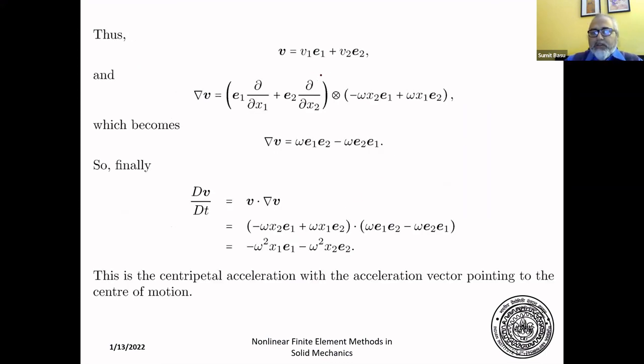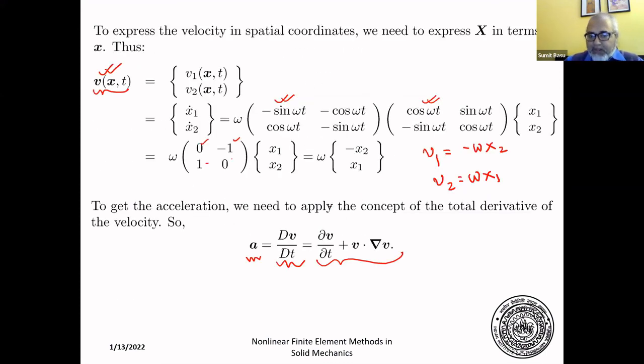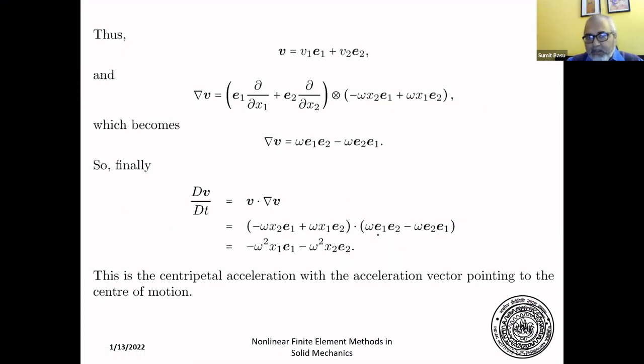So to do that, I'll have to calculate this gradient of V. Remember, this is the spatial gradient because I'm dealing with V as a function of small x. So I'll have to use the spatial gradient here. So to take the spatial gradient, this is what we do. The gradient operator is this. Please remember your tensor.